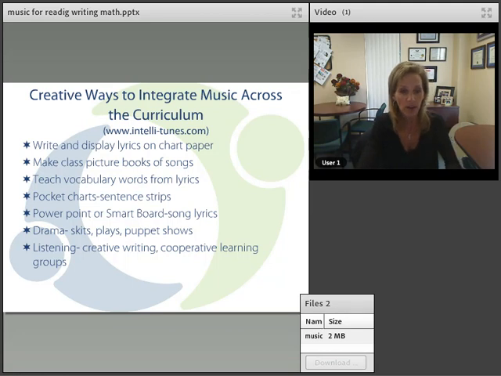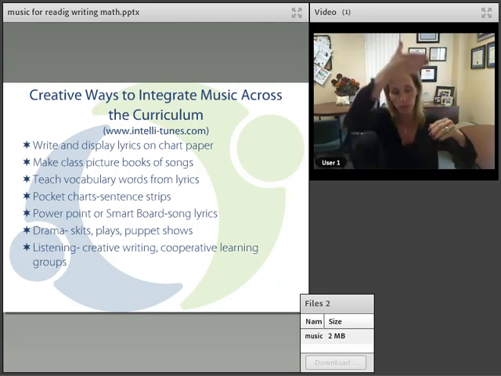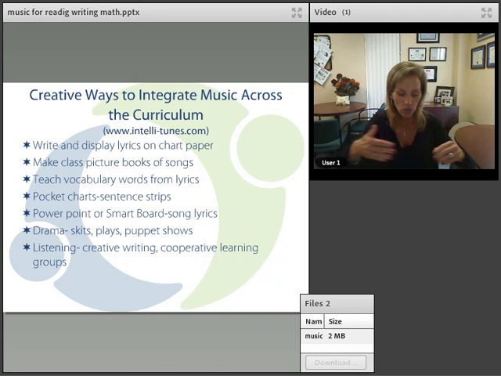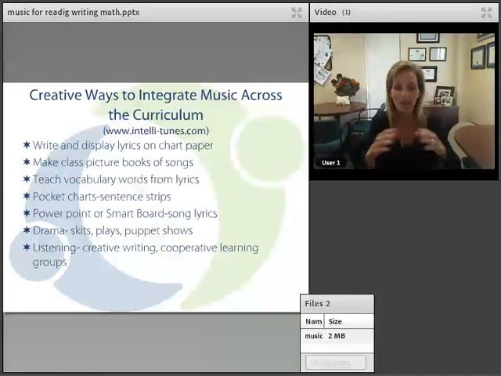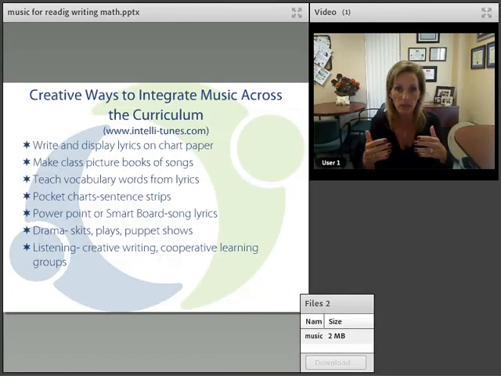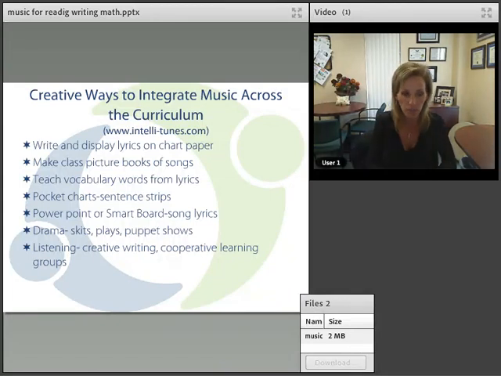For those in the audience that are teachers, you're familiar with what a pocket chart is. It's kind of like a big poster that has these little pockets, and you can put strips of paper on each row. Each individual strip could have a sentence from the lyrics of the song, and then they can put the lyrics in order.